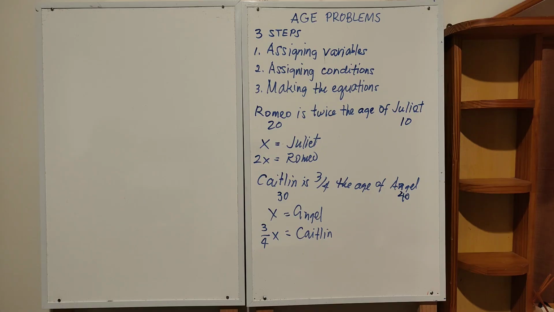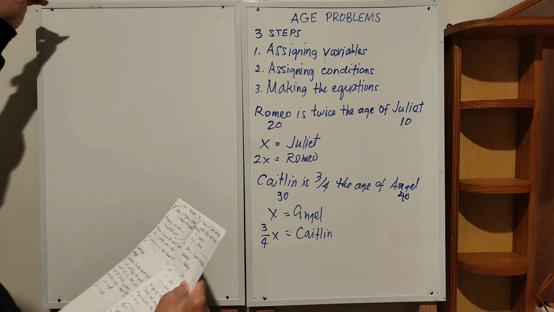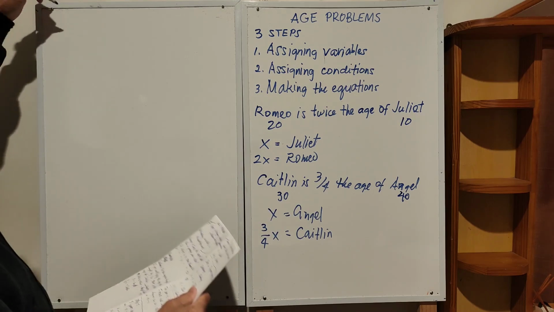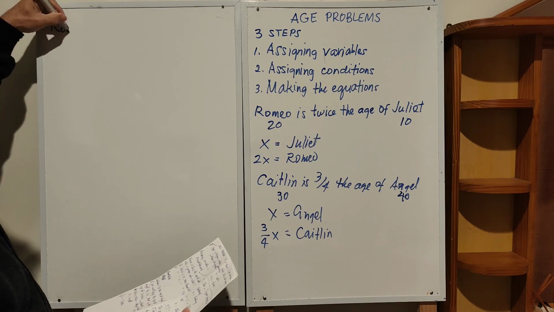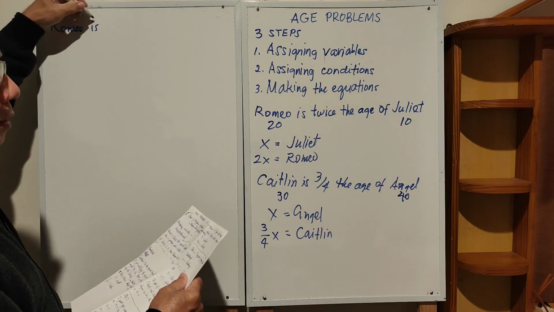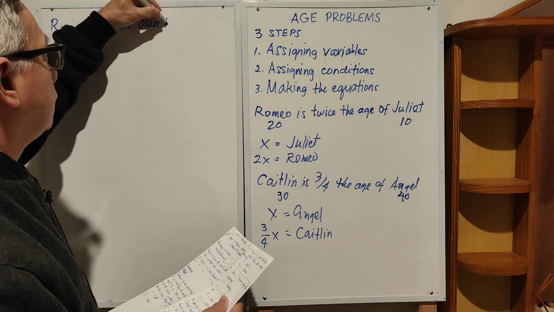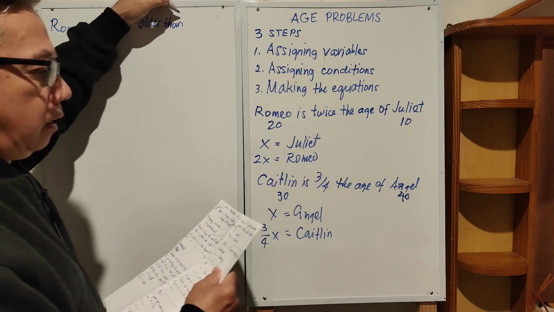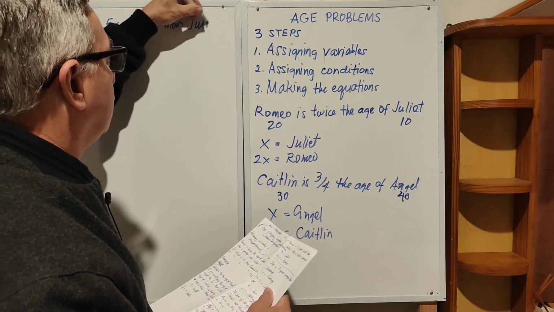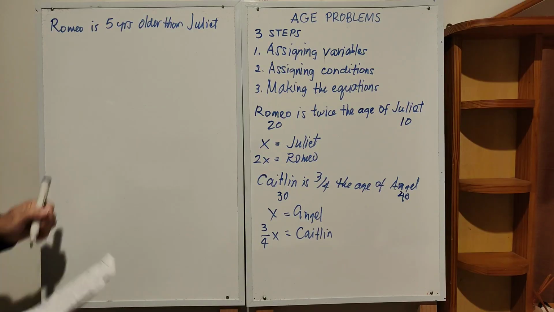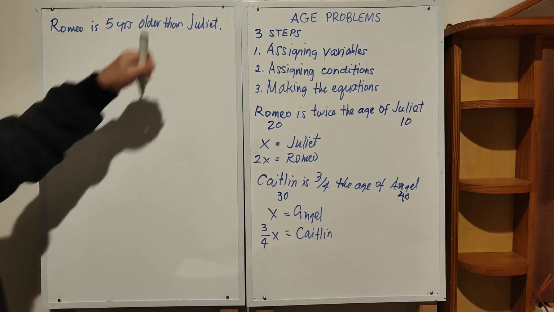Next example, Romeo is 5 years older than Juliet. So who is older?